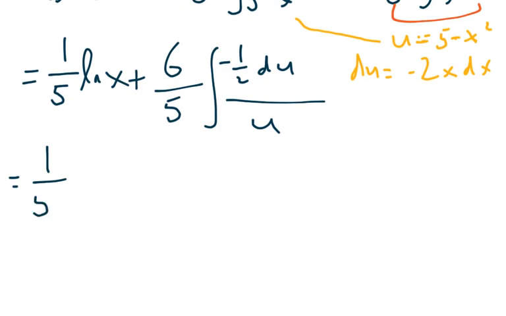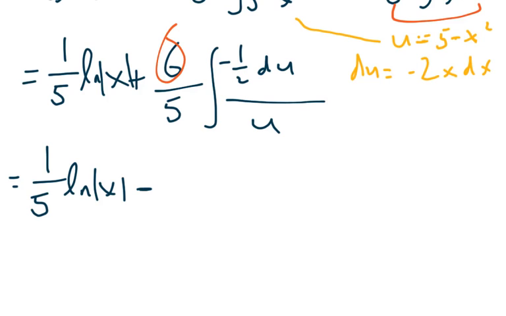So this is 1/5 ln absolute value of x. I forgot that, don't forget the absolute value of x. Minus, I have a 6 and a 2 here.